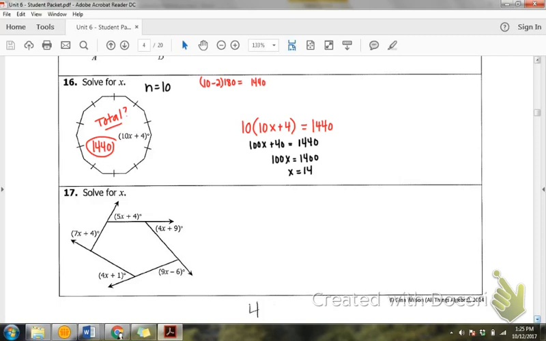I'd like you to do 1 through 8 all. 1 through 8 all. And then I'd like you to do 10 through 18 even. Okay? So 1 through 8 all, and then 10 through 18 even.